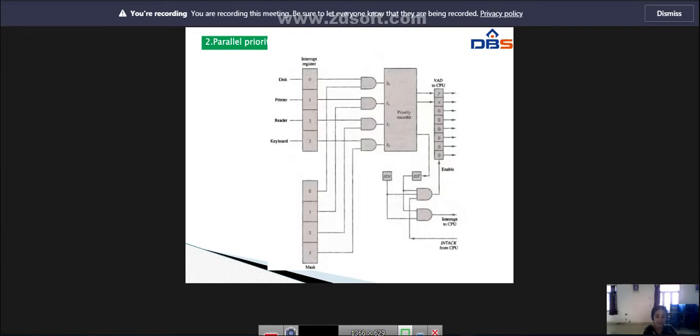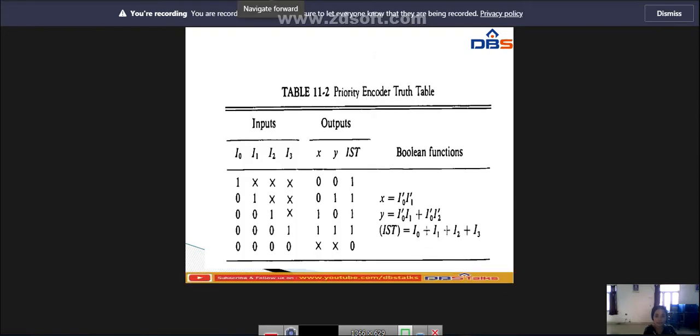This is the priority encoder truth table, with the inputs, the outputs and the boolean functions: I0, I1, I2, I3. The interrupt status IST is set only when one or more inputs are equal to 1.